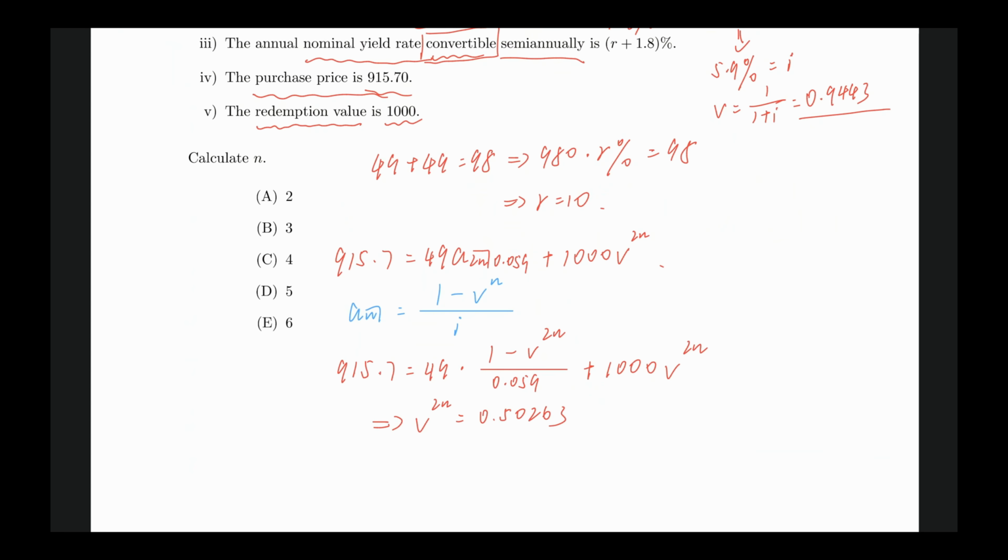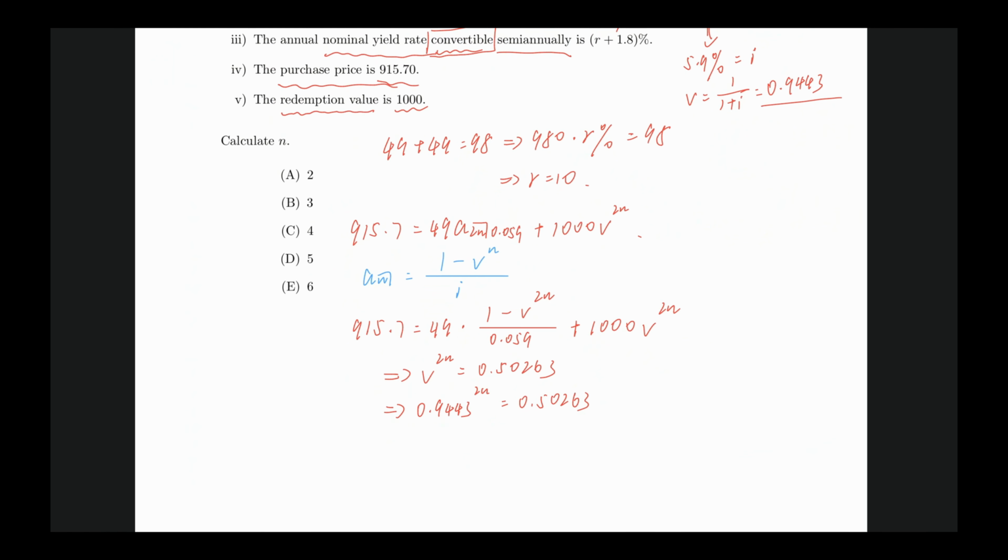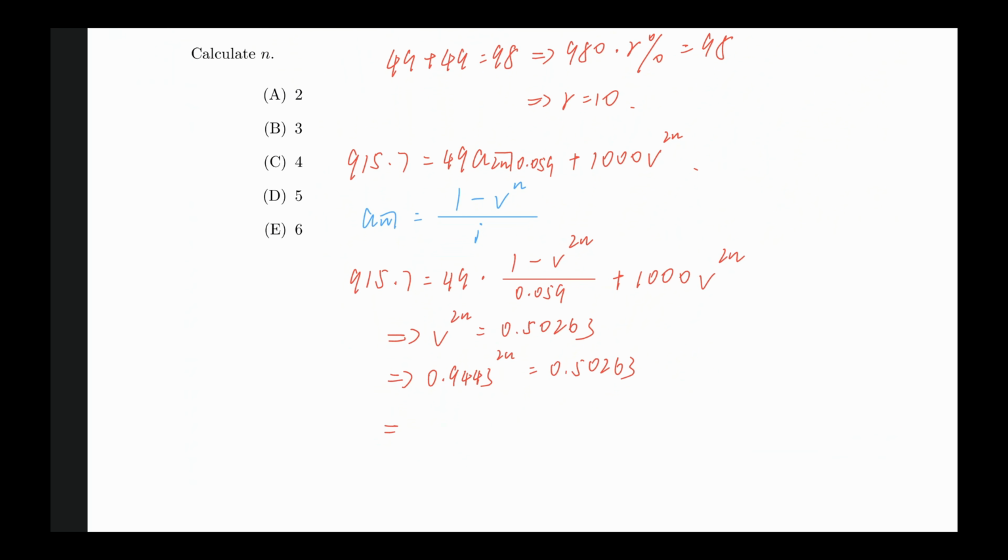And we also know that v, now it's time to substitute v, 0.9443 to the power of 2n equals this decimal. Whenever we want to solve for the exponent, we usually want to take the logs or the ln, or logs of any base, on both sides.